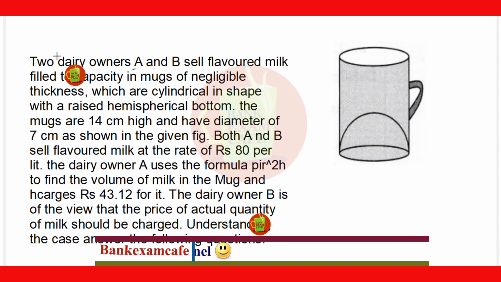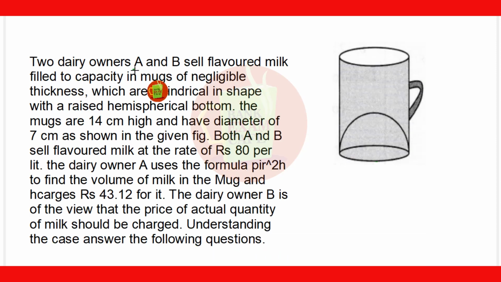So friends, here is a question. Two dairy owners A and B sell flavored milk filled to the capacity in mugs of negligible thickness which are cylindrical in shape with raised hemispherical bottom. The mugs are 14 cm high and have diameter of 7 cm as shown in the figure. Both A and B sell flavored milk at the rate of rupees 80 per liter.